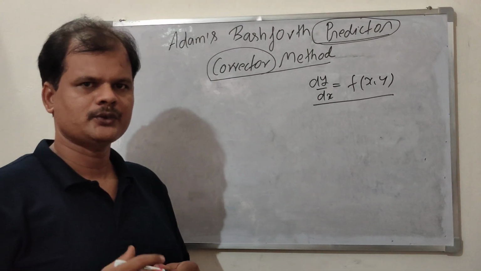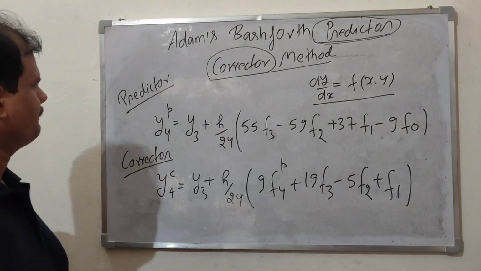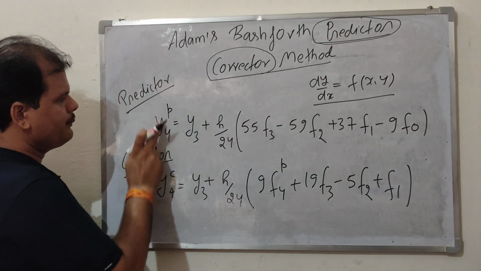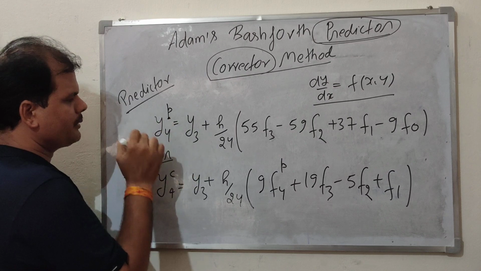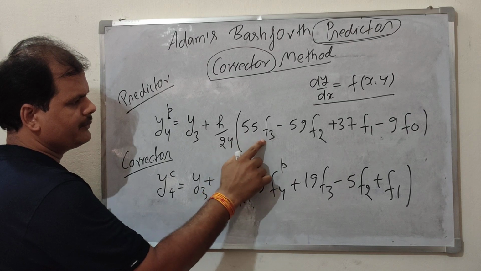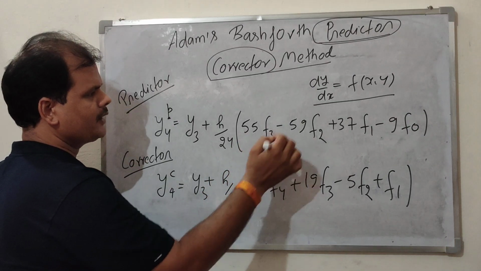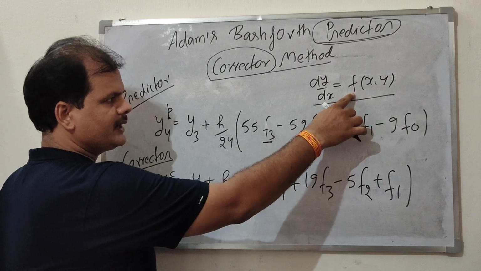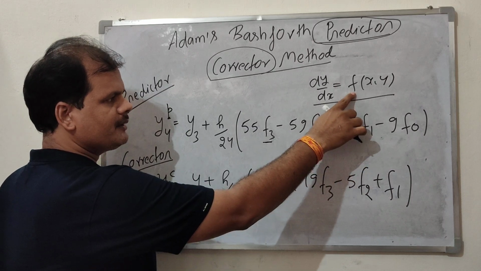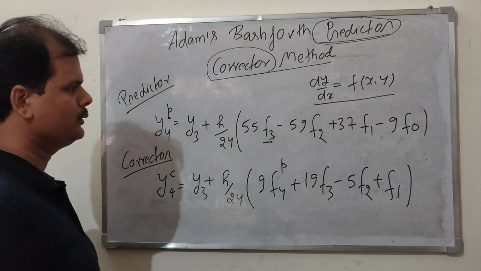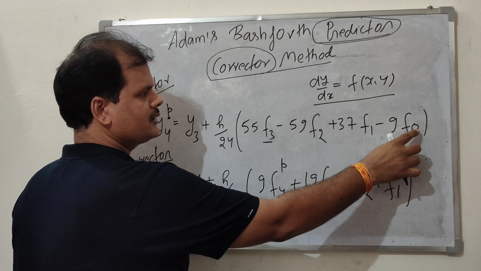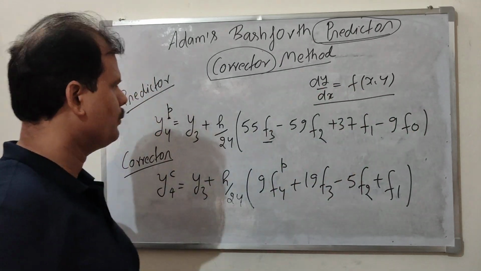First we'll write the given differential equation, dy by dx equal to f of x, y. We have the predictor formula y4p, where p denotes the predictor, equal to y3 plus h by 24 into 55 f3, where f3 is the value of f at x3, y3, minus 59 f2, where f2 is the value of f at x2, y2, plus 37 f1 minus 9 f0, where f0 is the value of f at x0, y0.